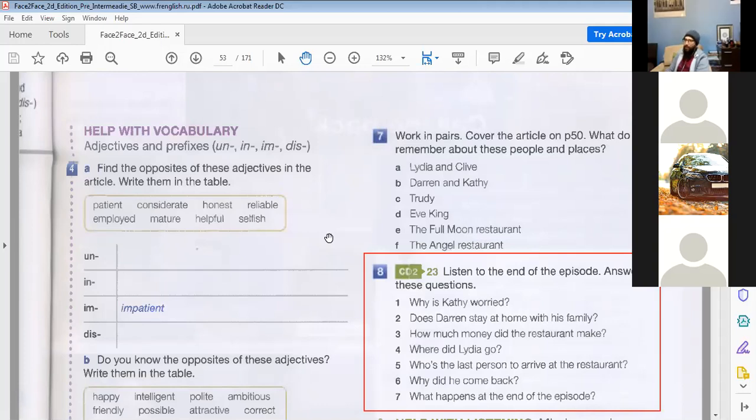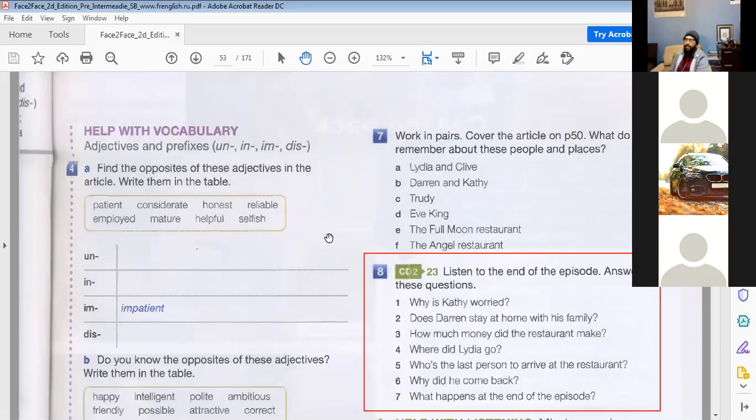Okay, who can give me some guesses here? Why is Kathy worried? Because the restaurant will close. Okay, maybe for her husband, Darren. Stolen money.